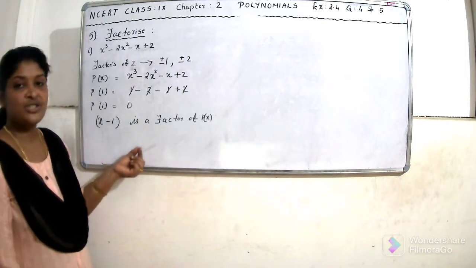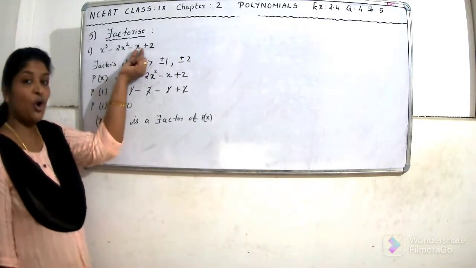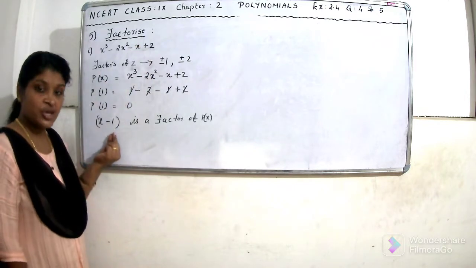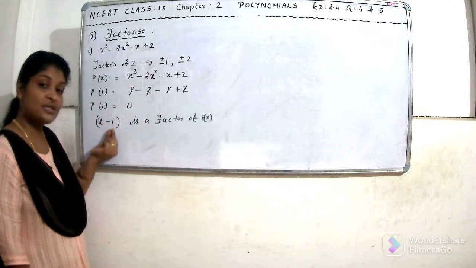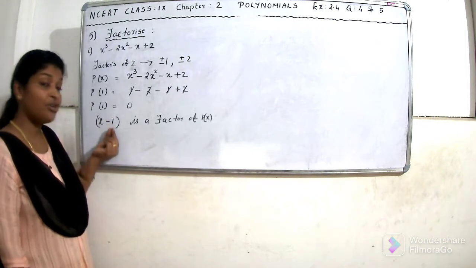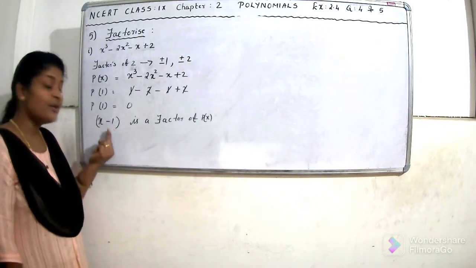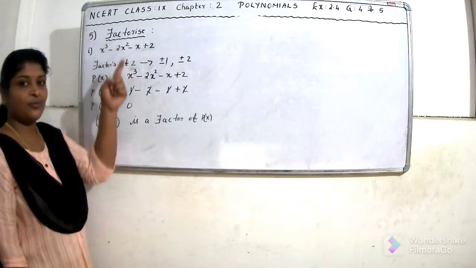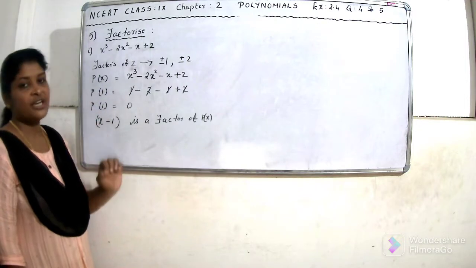These model questions we did know. When they give the polynomial as dividend, and the divisor also, and they ask us whether this is a factor or not, what we did was take the zero of the divisor and substitute it. In that case we say it is a factor.